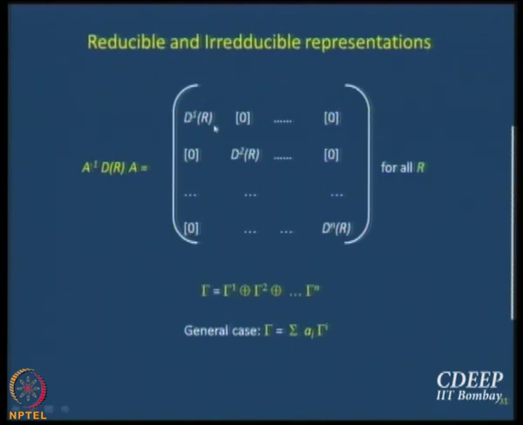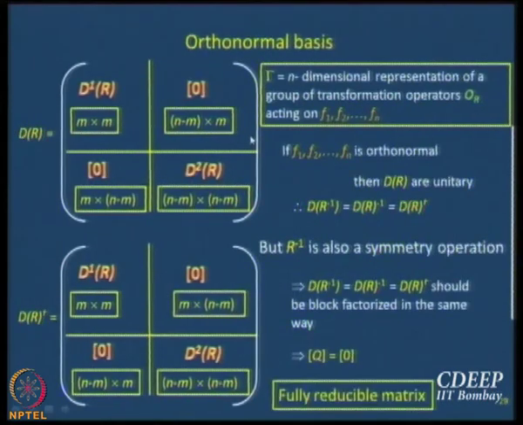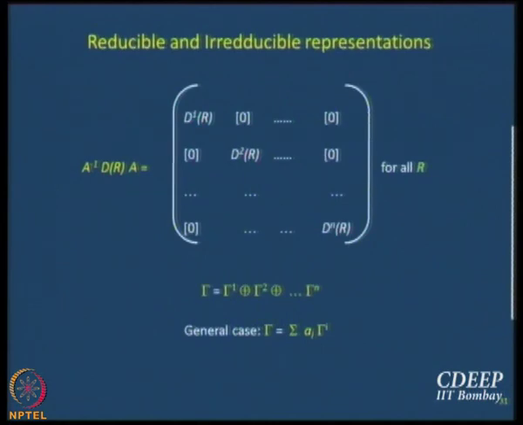Gamma 1 is the collection of the D1R blocks. What I am saying is that for all R's, for all symmetry operations, the matrices should have the same form. Okay. So, collection of all the D1Rs is called gamma 1.